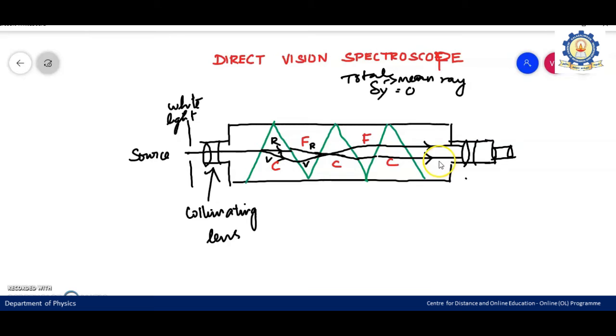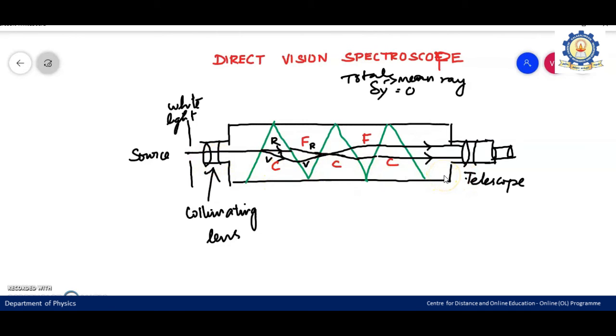The resolving power of the colors can be observed with the help of the direct vision spectroscope. The deviation produced by the crown glass prisms in one direction is equal and opposite to the deviation produced by the flint glass prisms in the opposite direction. The resultant dispersed beam is almost parallel to the incident beam.